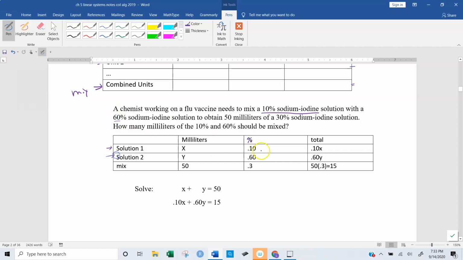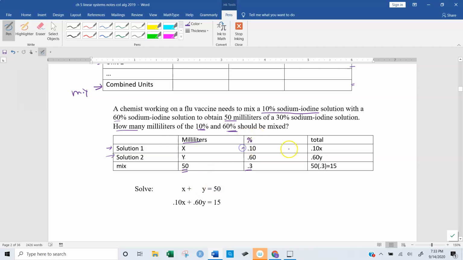So my solution 2 has 60% to obtain 50 milliliters. So I'm dealing in milliliters, and I know I want a total of 50. And that has to be 30%. Okay. How many milliliters of the 10 and the 60? So how many of both of these? So these are my variables. X and Y is what I do not know. So now I got to create my equations.